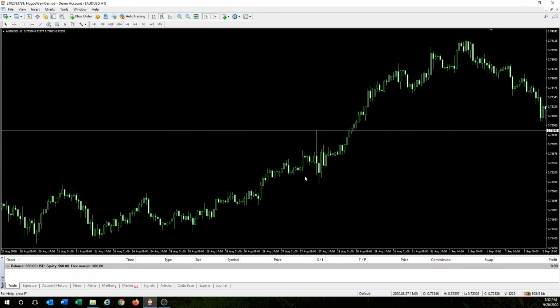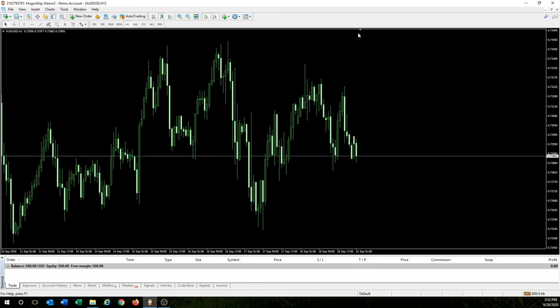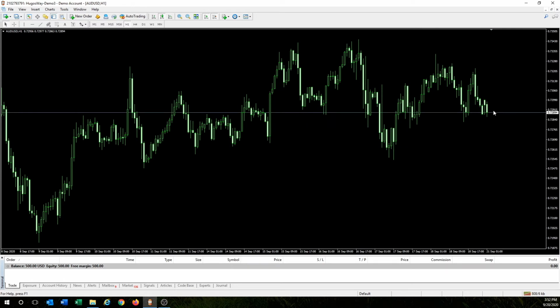When you look back in the past, in a couple seconds it'll snap back to the right because you have these two items selected. So for now, just have them selected on, and move this to the very far right, and we'll have a little bit of a gap here.